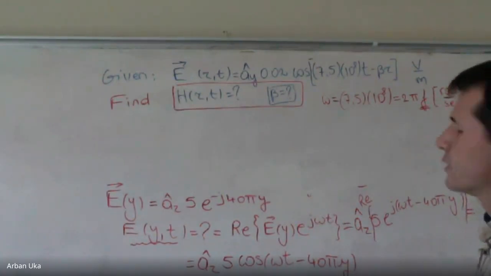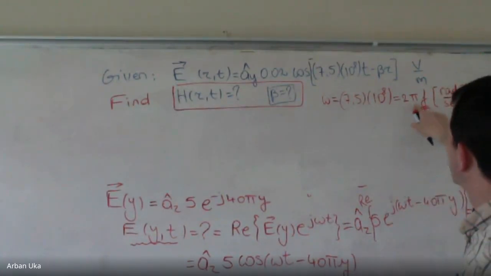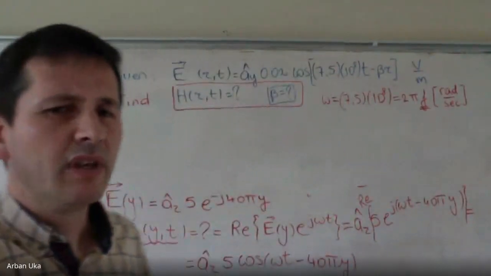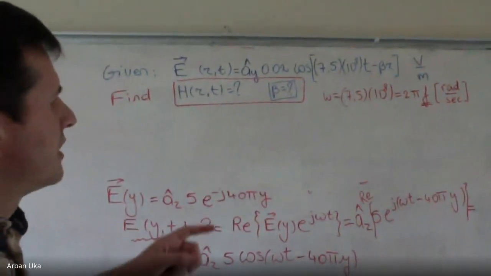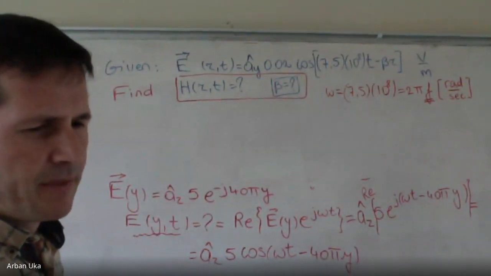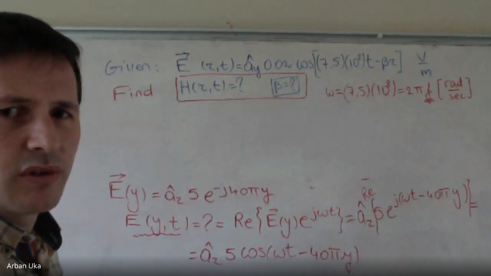And we know that 2 pi is around 6.28. It looks like this is a time harmonic field. But what is the frequency of this time harmonic field?